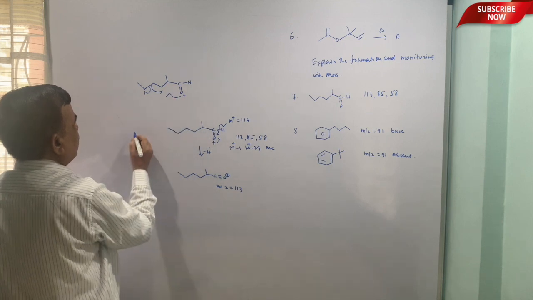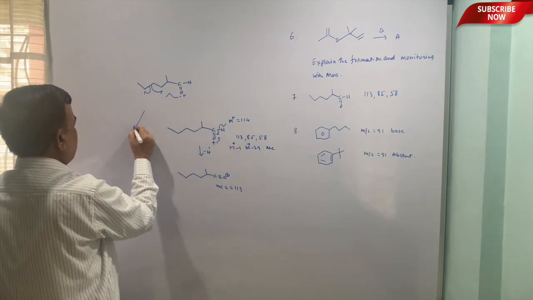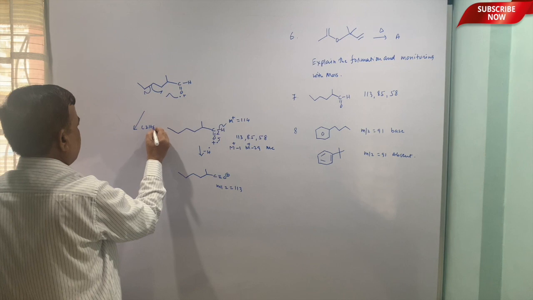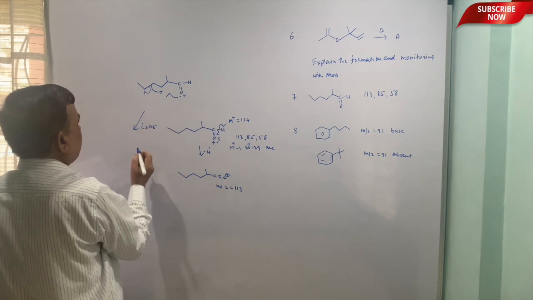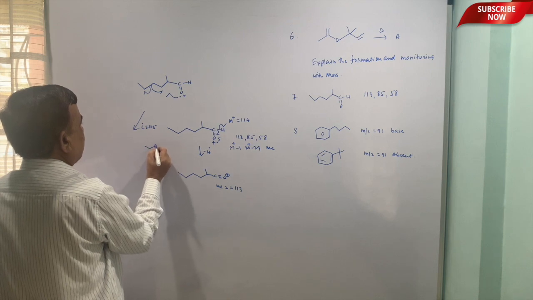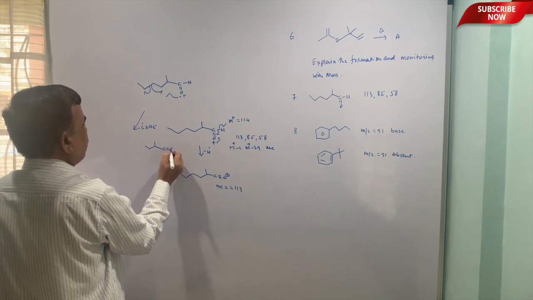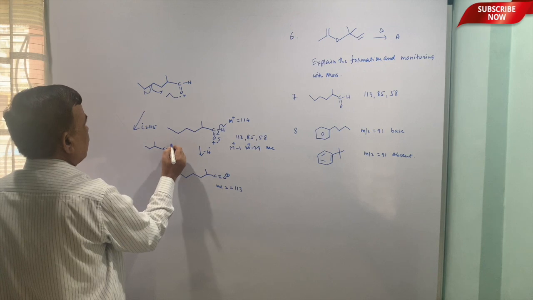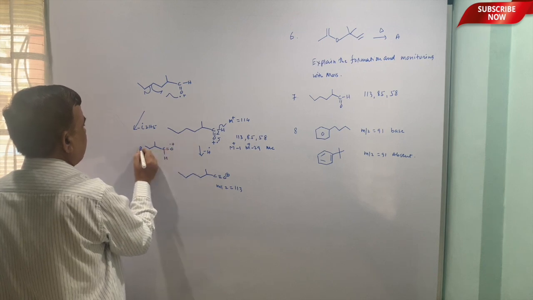We can fuse it here. So, minus C2H5 radical, and then we have got, I will not show fusion. Let me put a radical cation here and let it be radical.